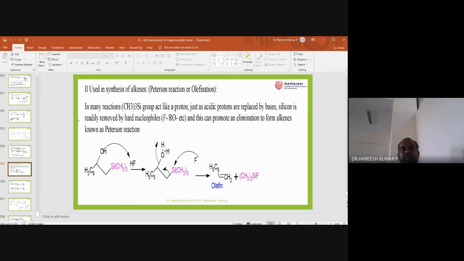So next is about another type of reaction that is used in the synthesis of alkene. That means trimethyl silyl chlorides are used in the synthesis of alkenes, which we also call olefins. Here there is a name reaction called Peterson olefination.